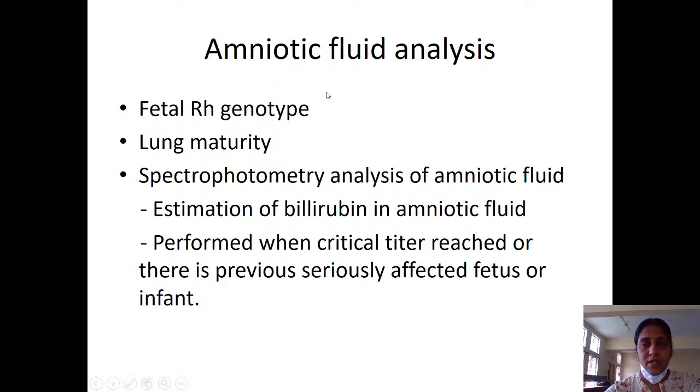The amniotic fluid analysis, what we do is the amniocentesis, and this amniotic fluid can be used to study lung lecithin and surfactant, to decide if the baby needs delivery, checking lung maturity by studying the amniotic fluid.